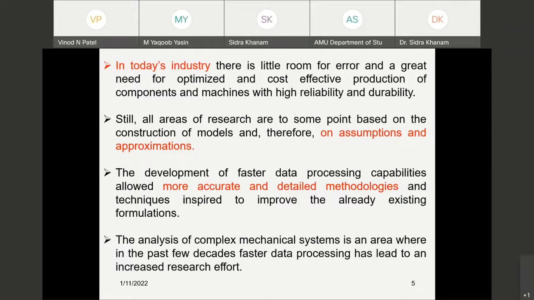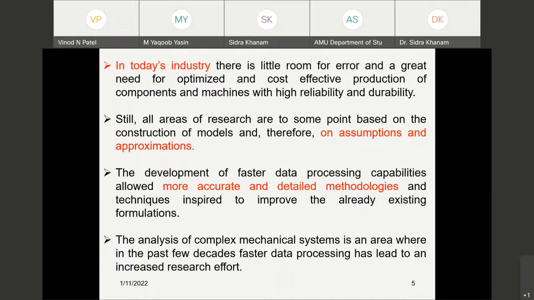Where earlier there was a little room for error, those things have been removed, and nowadays a number of ready-made software packages are also available, which can be useful for defect detection as well as for dynamic modeling of components.